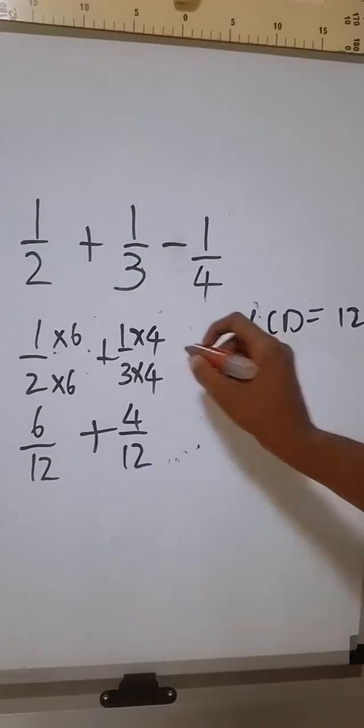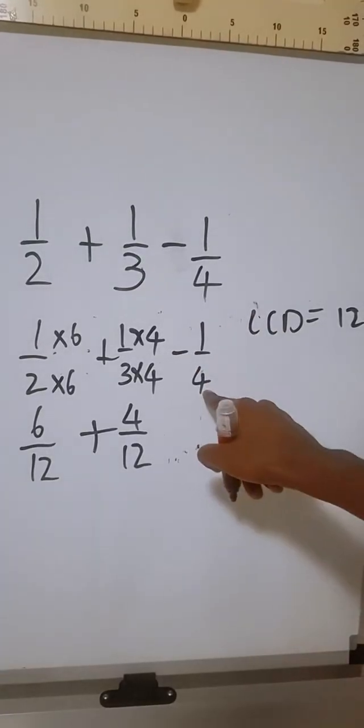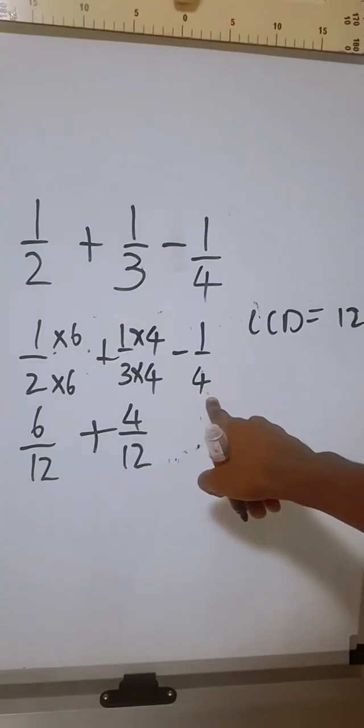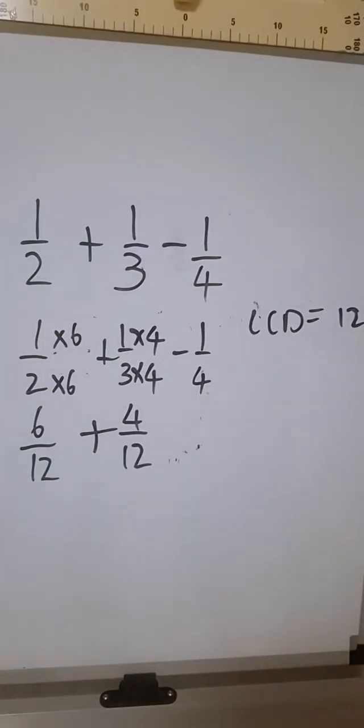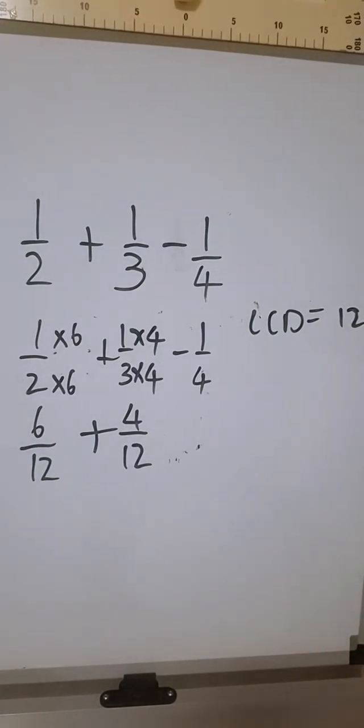Then we move on to negative 1 over 4. We do the same thing. What number can we multiply by 4 to get 12? Or in other words, what is 12 divided by 4? If we are looking at it a different way, 4 times what gives you 12?